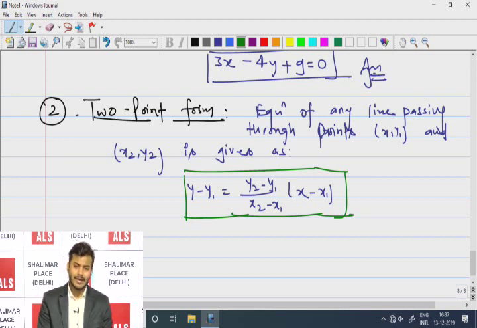Again, we can explain this in the same manner: if we have two points, there is always a unique line. Remember this, very much important.